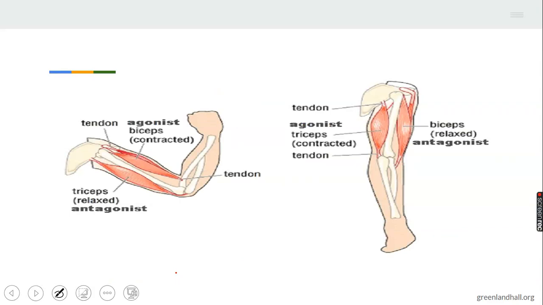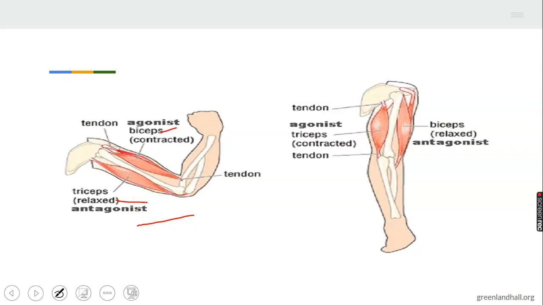Now we can see the illustration on the board. This is bending of the arm. When it bends, the biceps muscle contracts, while the triceps relaxes.